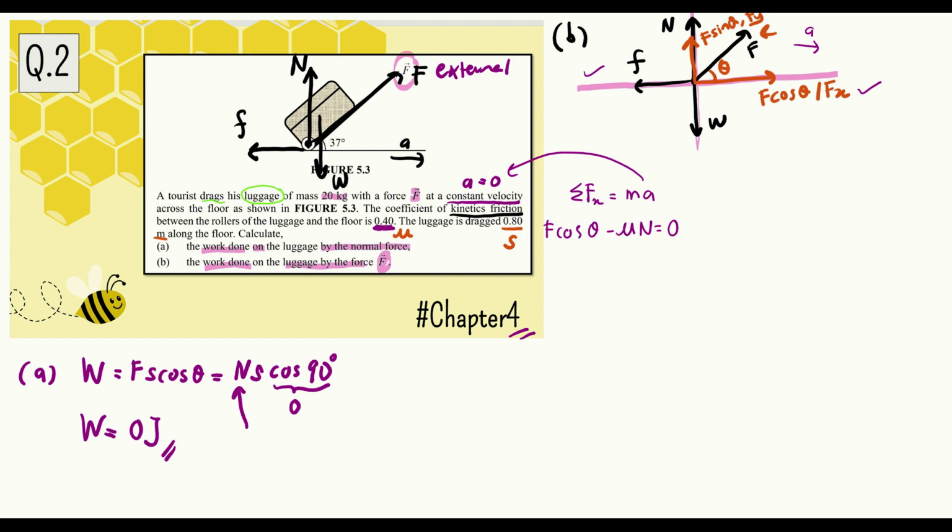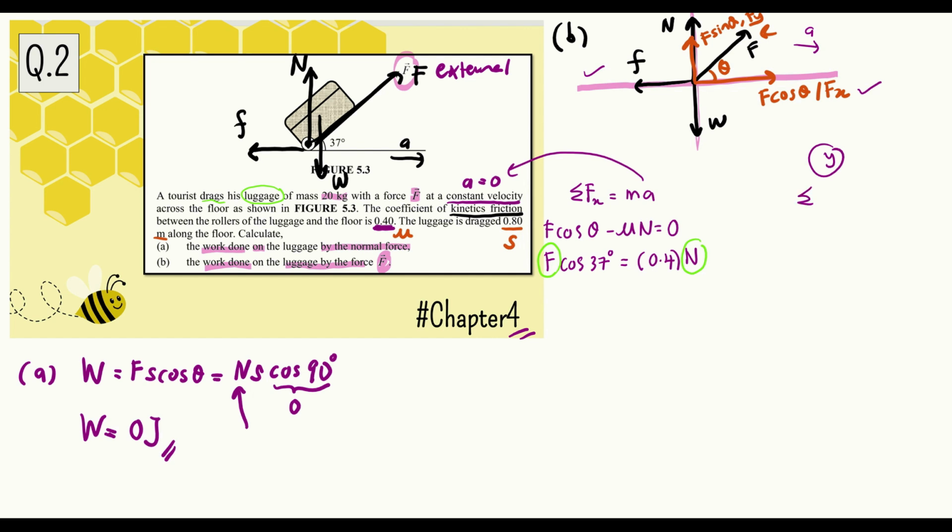Then we try to substitute. We still don't know our value of F. We have angle 37 degrees, mu is 0.4, and we don't know N. So we have two unknown quantities. We need help from the y-axis.